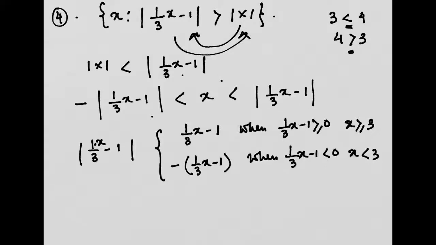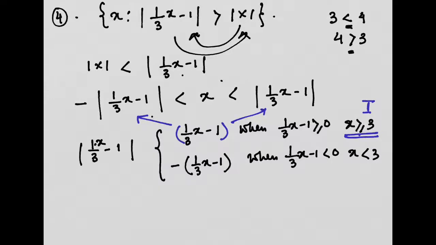Now what we need to do, if this is case 1, first we consider that x is greater than or equal to 3. We have to put this value in both these places and see what solution we are getting, so that it would be a closed range and this condition x greater than or equal to 3 is also satisfied by them.